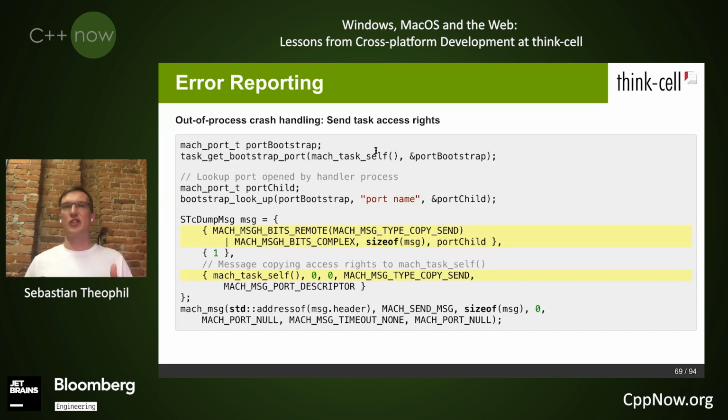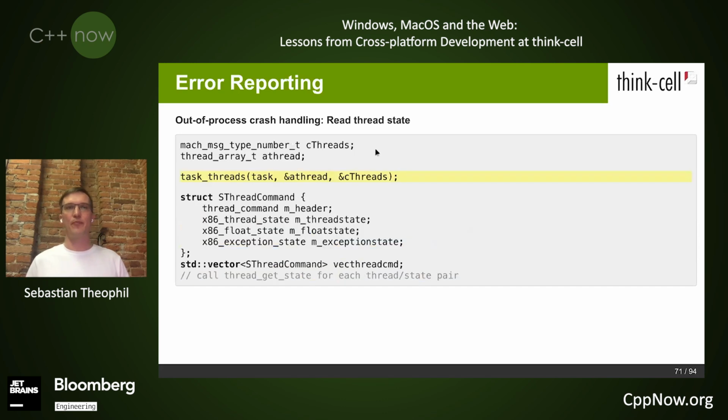If the process is crashing, the first thing you want to do is set up another process that actually does the error reporting, and that is in a clean state. If your process has encountered an error, you don't know if it can do that many useful things. So what you can do on macOS, even if you're a sandboxed application, is send access rights to your process to the crash handling process, by sending a message to a port that you've looked up.